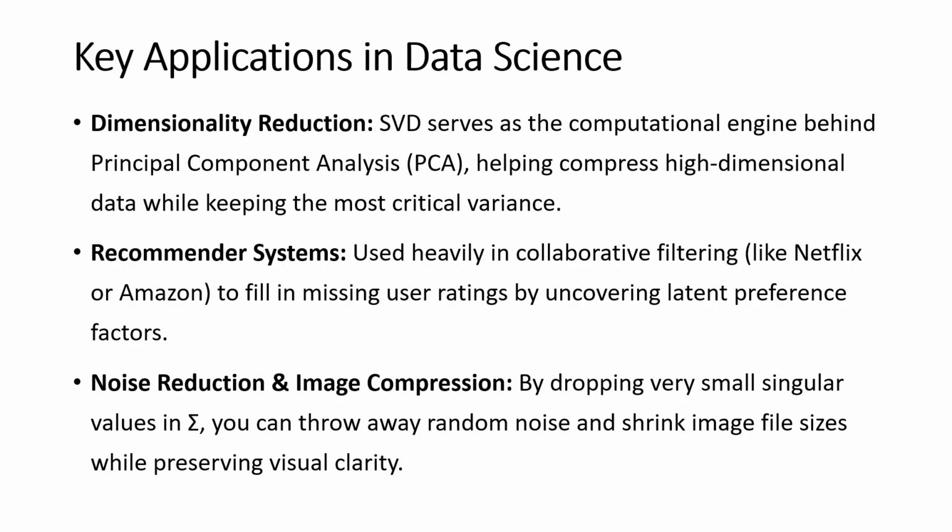Next is noise reduction and image compression. Suppose images are always stored as pixels, right? Suppose 1,000 pixels are used to store an image. Assume that using 800 pixels, you are able to represent or reconstruct the same image instead of 1,000 pixels.